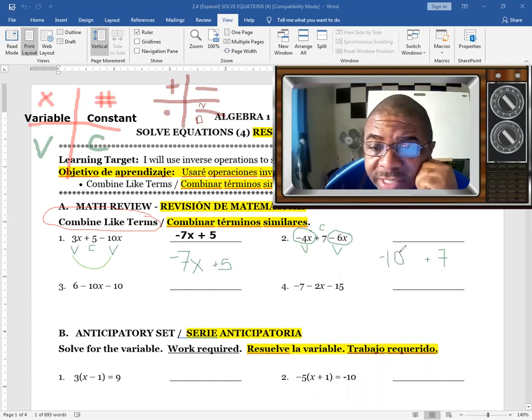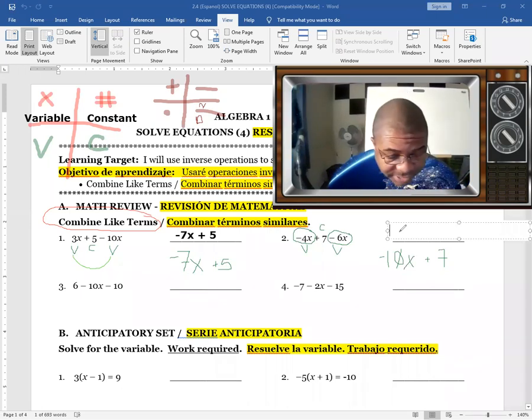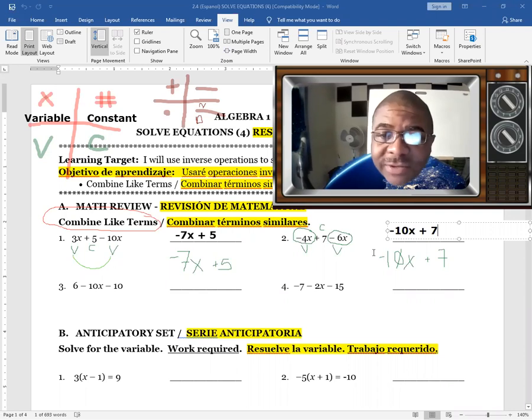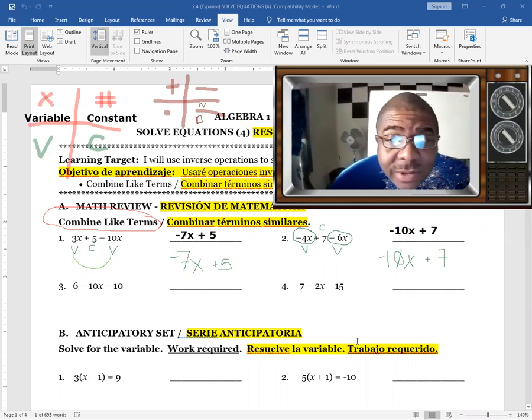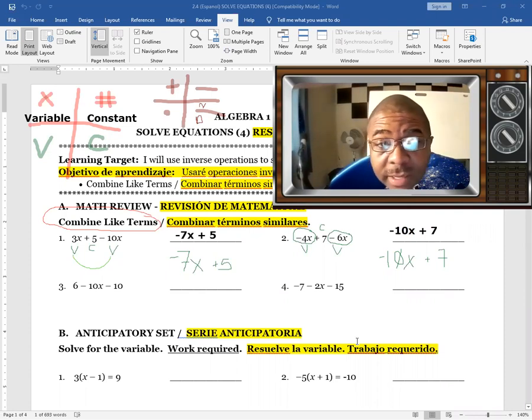So we have negative 10x plus 7. When you put your answer in, you put in negative 10x plus 7, okay? Negative 10x plus 7.